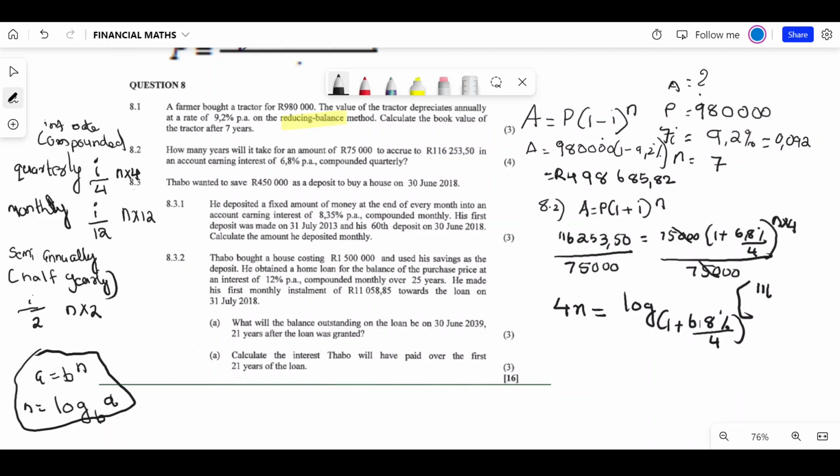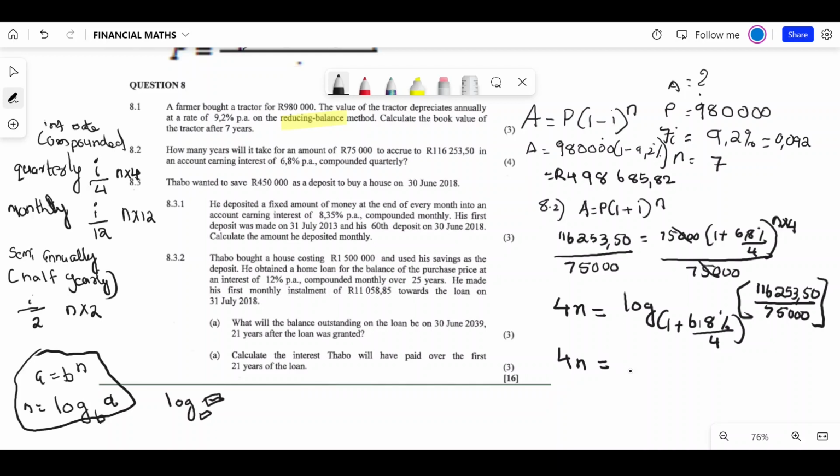It's better you write them as it is, because you take your calculator only once. Divided by 75,000. So you can maintain the accuracy by doing this. So now your answer will be 4n. If you put this in the calculator, you use the log button.